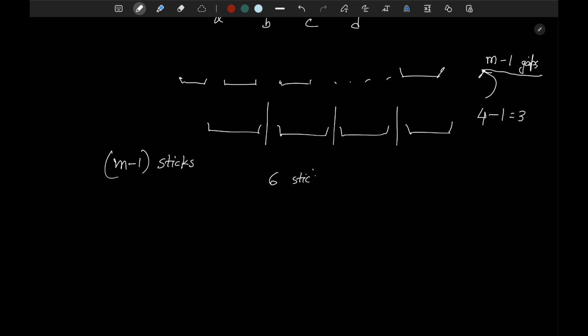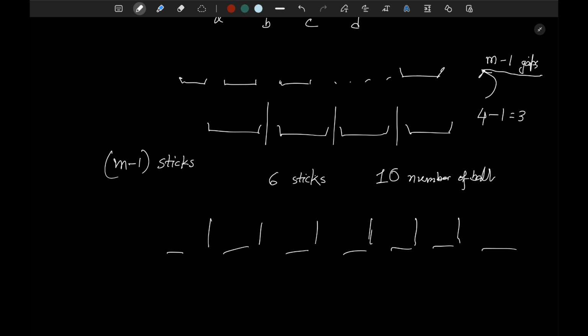Let's suppose we have 6 such sticks, I'm taking an arbitrary number. If we place them on a flat surface like this, how many buckets are we having? We are having 1, 2, 3, 4, 5, 6, 7, right? And suppose we had 10 balls, again an arbitrary number, we could have put them like this.